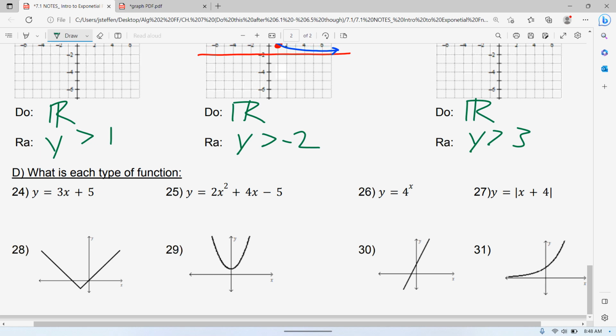So 24. The exponent is 4. Now, I know some people get confused because, well, we have an exponent of 1 right here. It's always an exponent. 20.